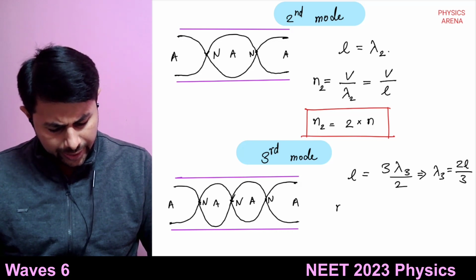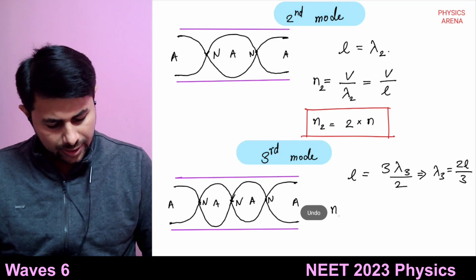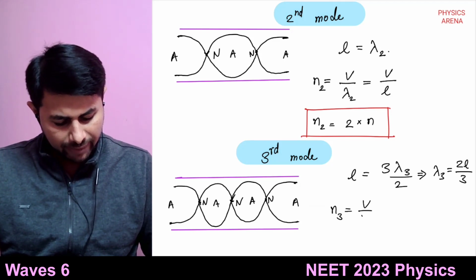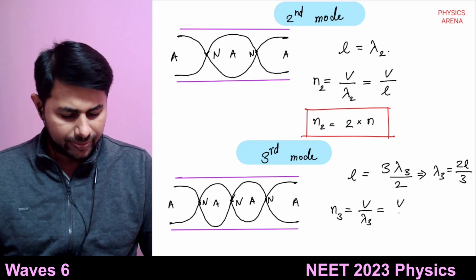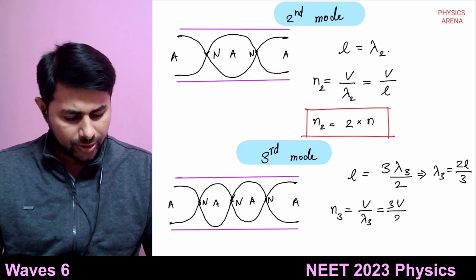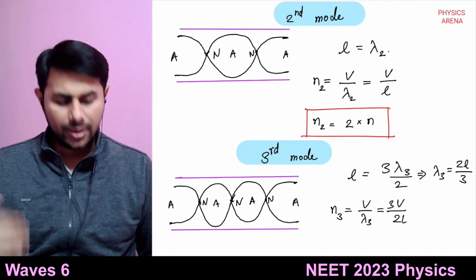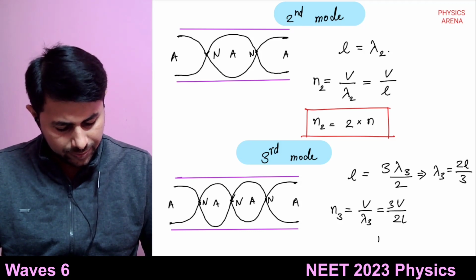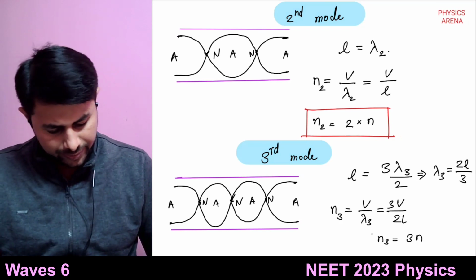And if you take frequency, this will be N3, frequency of third mode. It is V upon lambda 3, and that's equal to V upon 2L divided by 3. So that 3 goes to the numerator. So it is 3 times V upon 2L, or you can say it is equal to 3 times the frequency of fundamental mode. So N3 equals 3 times N.